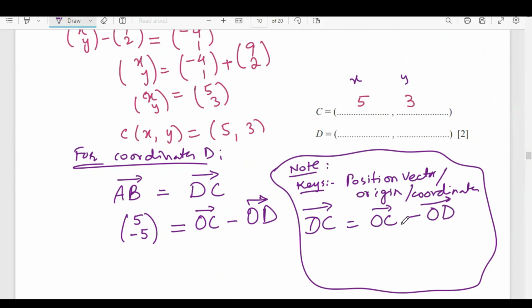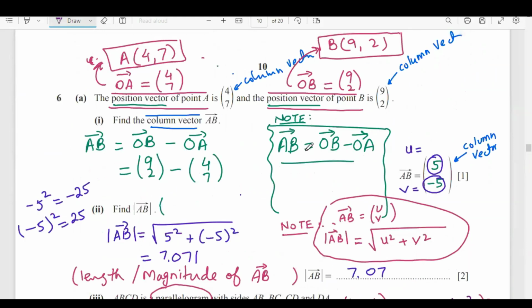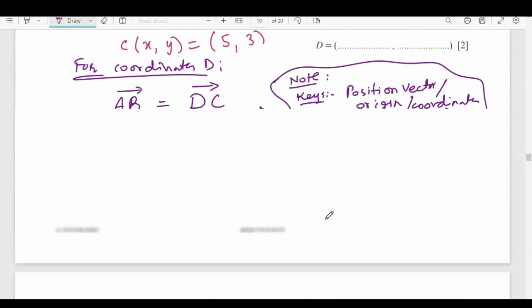I have explained this technique in part 1 also. For AB, because the keyword position vector is given, I wrote AB equals OB minus OA.